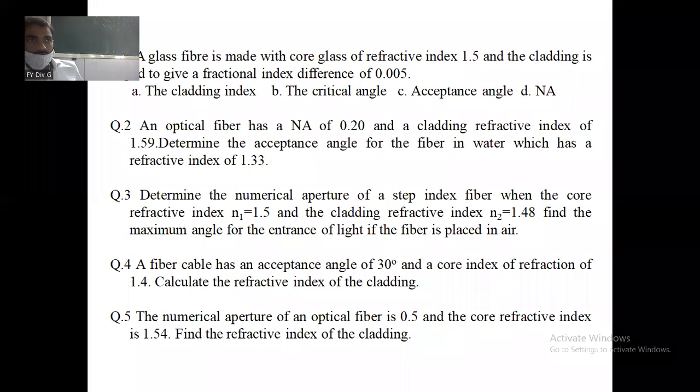The last numerical. The numerical aperture of an optical fiber is 0.5 and the core refractive index is 1.54. Then find the refractive index of the cladding. Numerical is very simple.